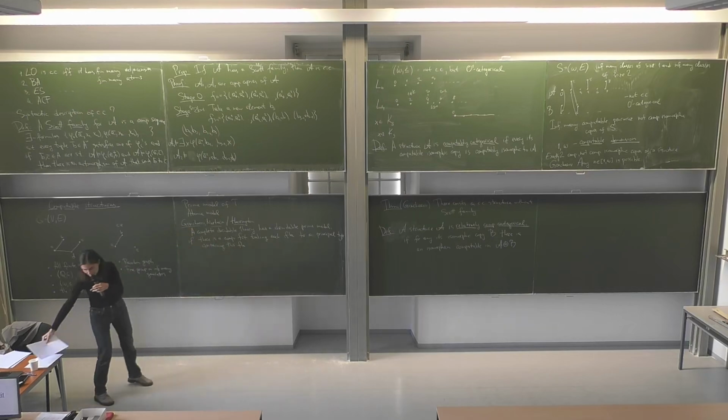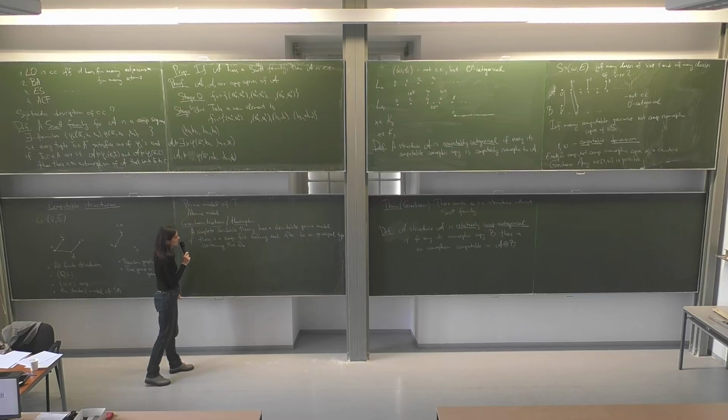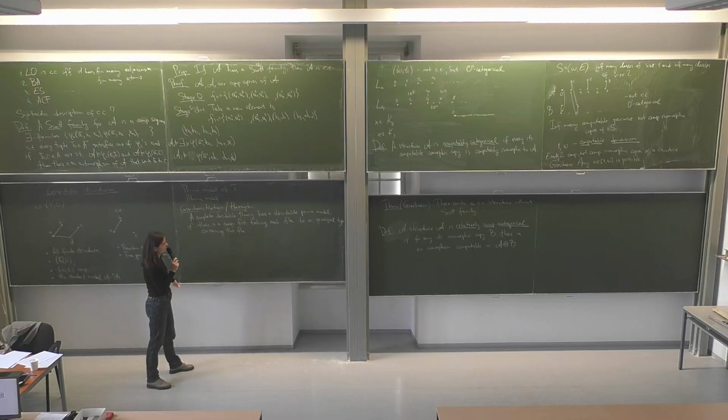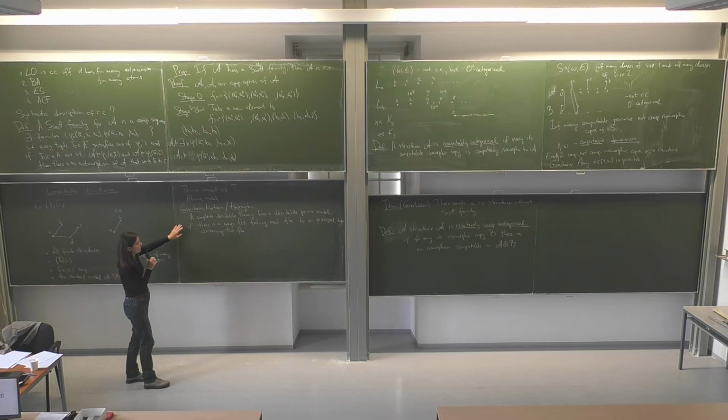So this is basically an effectivization of saying that prime models are atomic models. We have a decidable prime model if and only if we have an effective way of finding those principal types. The proof is a priority construction, a mix with a Henkin construction. We have several steps and two kinds of requirements.